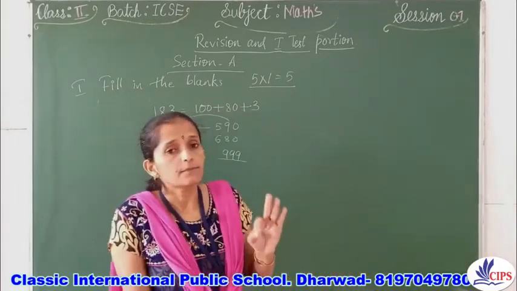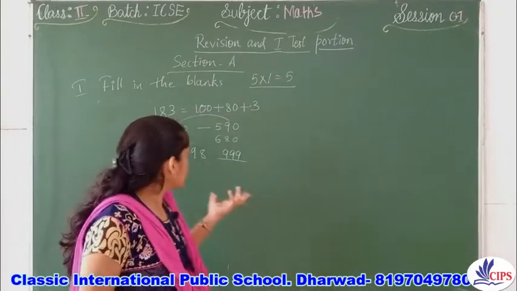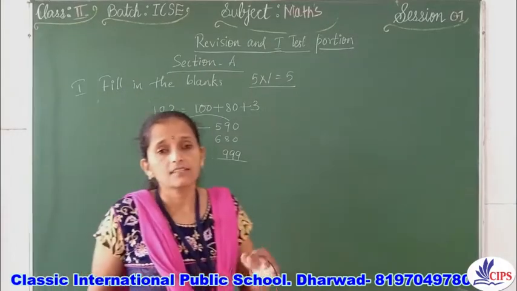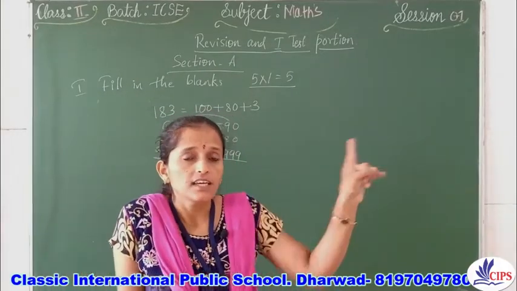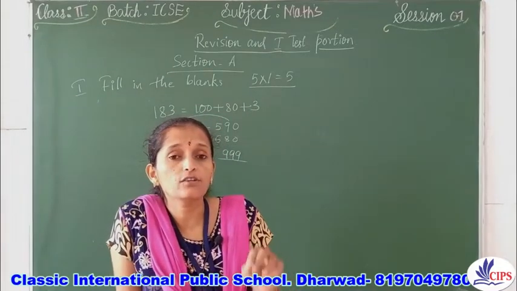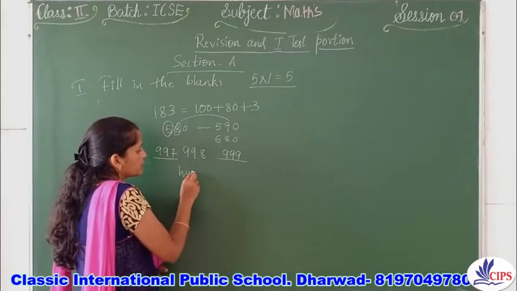If you write the spelling correctly, you will write all the things correct. Suppose they'll ask you the same number 998, you'll write it in words. In that, many spelling mistakes will be there. Even if you have written the full sentence, if the spelling is wrong, you are going to lose your marks. Instead of writing hundred, you will miss somewhere.